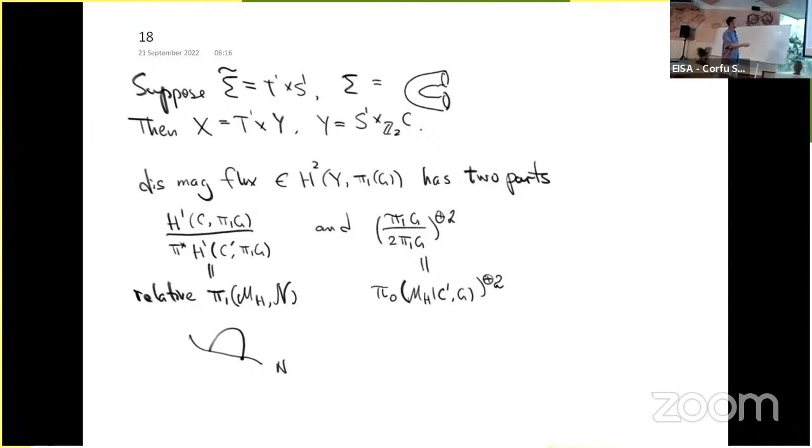Okay, so for this particular 3-manifold, it's now an exercise in topology to calculate the second cohomology, and it turns out that it has 2 parts. One part we can now explain in terms of the 2-dimensional theory. So this is the relative fundamental group of M_H, relative to N, because your open string has to end on this N. So what is relevant is the relative fundamental group, and this is precisely this if you look at the geometry of the moduli space.